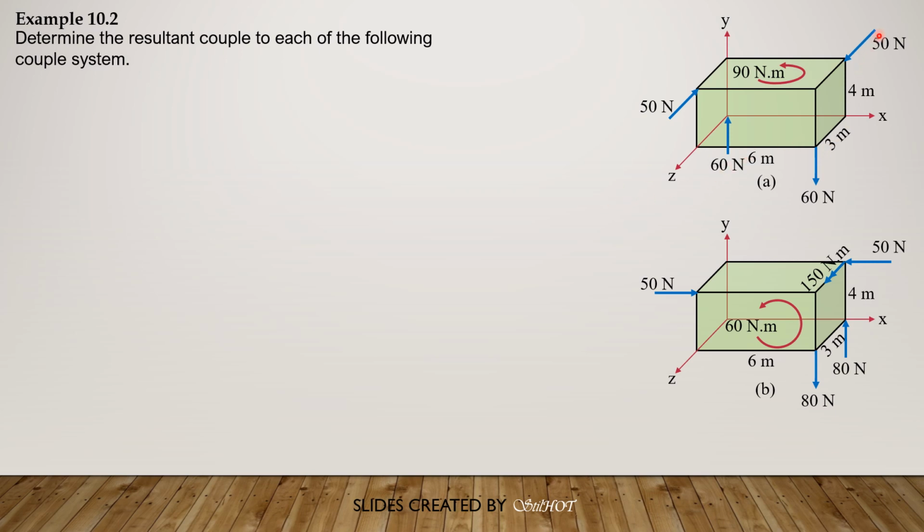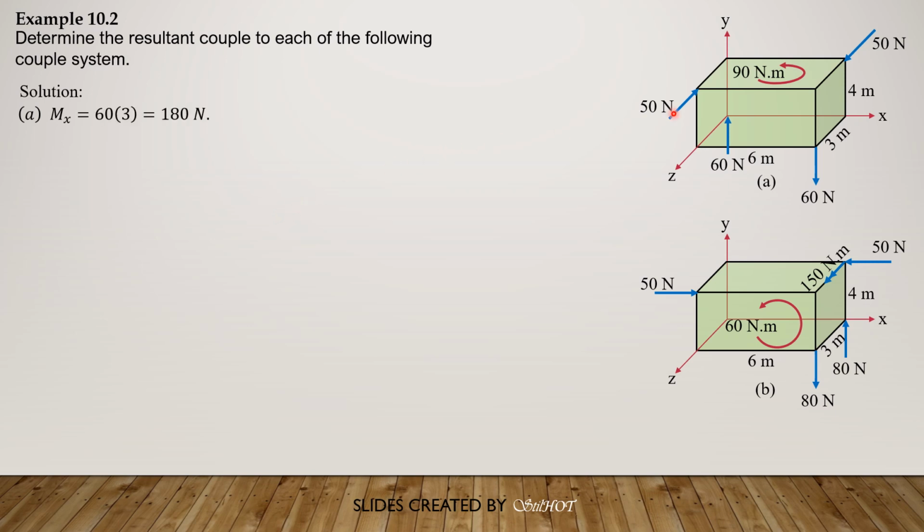No more, because this couple here is about the y-axis, and this is also about the y-axis, and the other force passes through the x-axis. So the moment about the x-axis is simply 60. This is positive, same curling as your four fingers of the right hand toward the positive x-axis. So 60 times 3 is 180 Newton meter.